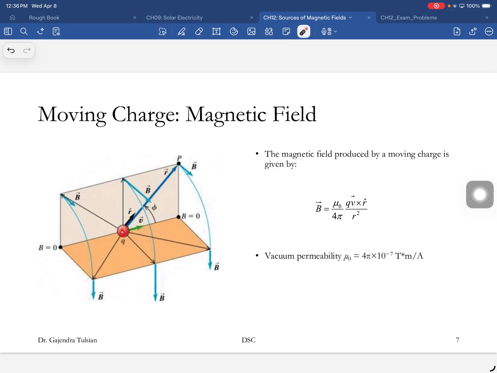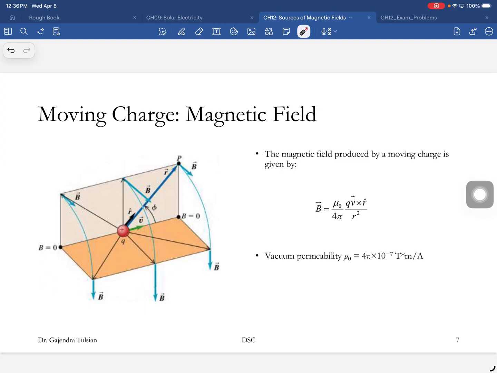So here's a moving charge, moving in a straight line, and there's the velocity. Think of the charge as moving along the axis of a cylinder, and this is a positive charge. Stick your thumb out in the direction of the motion, and your fingers point in the direction of the magnetic field.